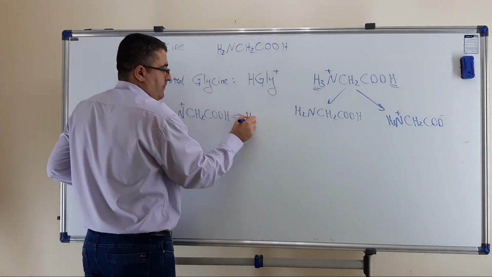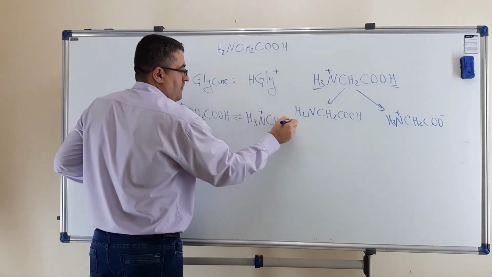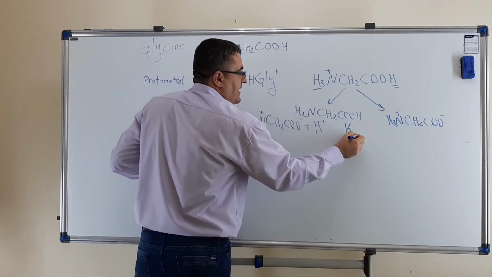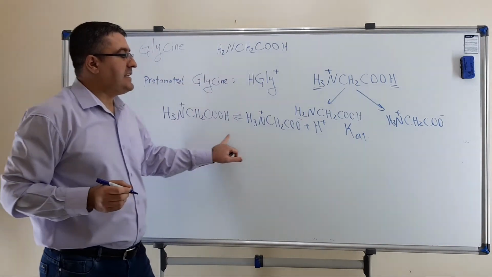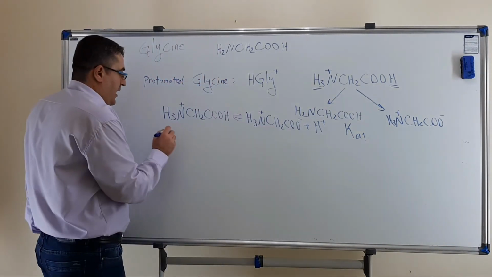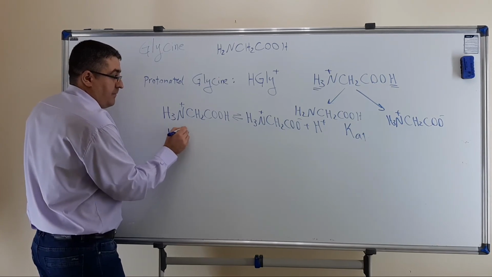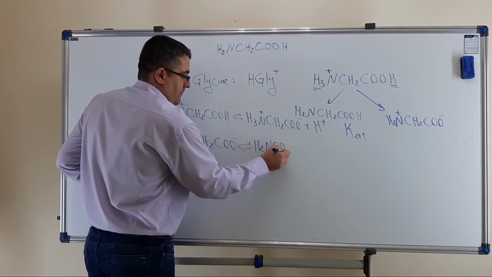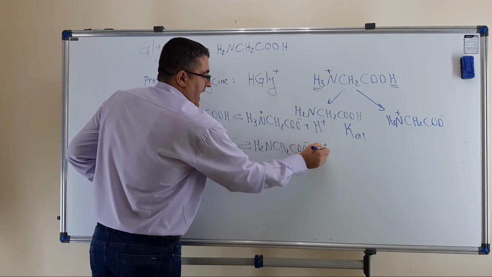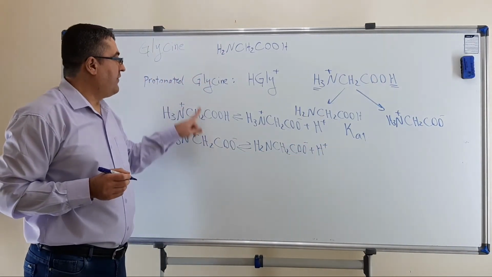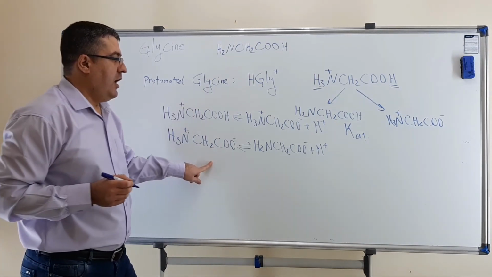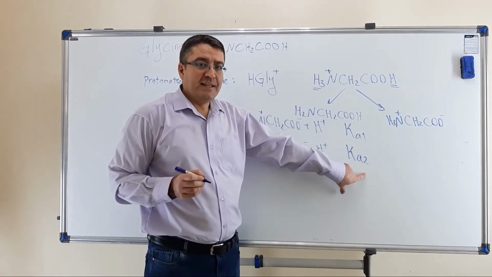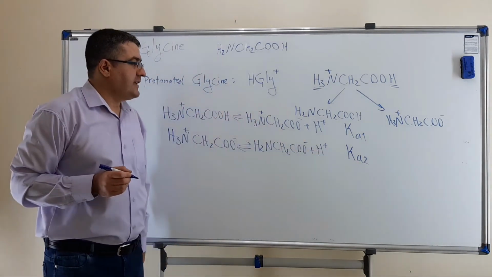This one as the first acid dissociation of protonated glycine with the first acidity constant equal to Ka1, and this reaction as the second acid dissociation reaction of protonated glycine, for which the equilibrium constant is equal to Ka2, the second acidity constant of protonated glycine.